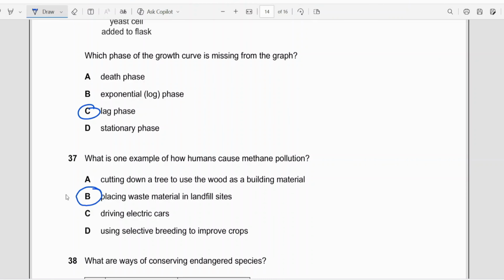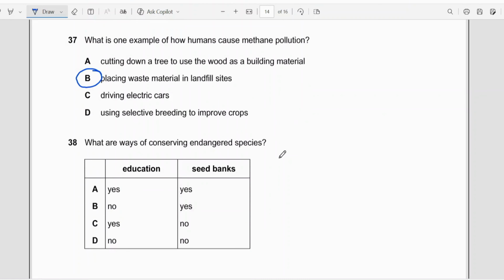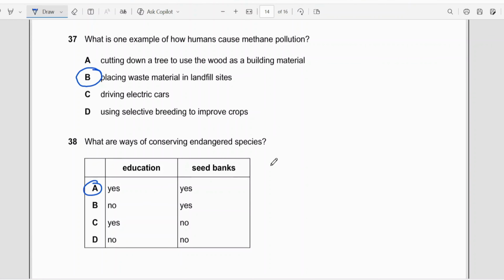It's about pollution. What are the ways of conserving endangered species? Yes, both. We need education and seed banks.